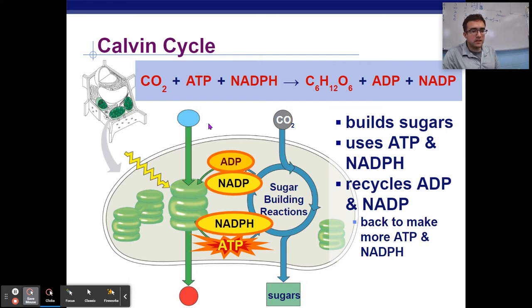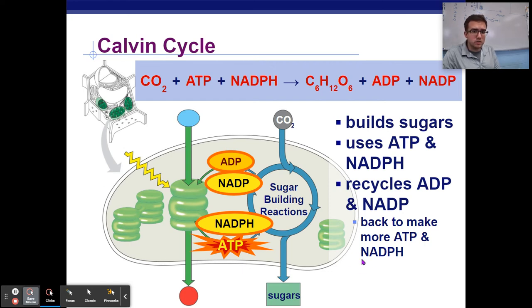That ATP and NADPH from the light reaction, plus some CO2, is going to give us glucose out of the sugar building reaction. And the ADP and the NADP that's used up here just go back to the light reaction.